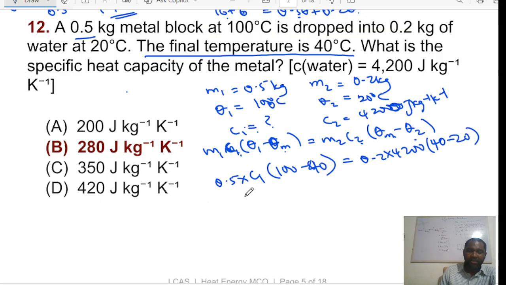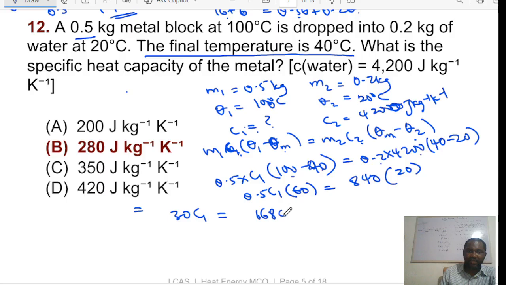You see? So this is going to be 0.5 C1 into 100 minus 40, this is 60. Equal to this times this is going to give us 840 times 40 minus 20, which is simply 20. Okay, that's very, very important. So now this times this is 30, so 30 C1 is going to be equal to, this times this is 16800.